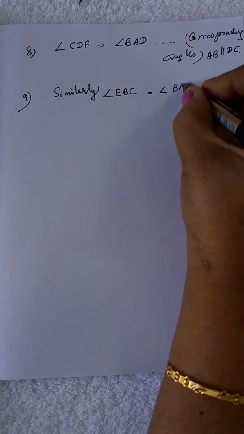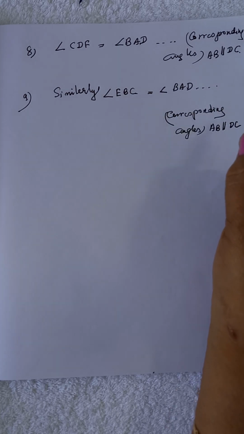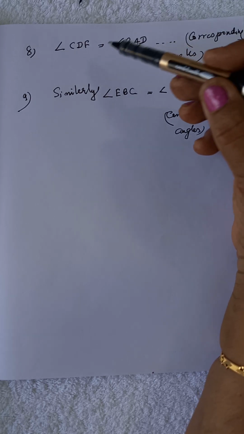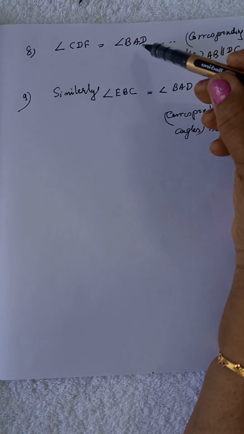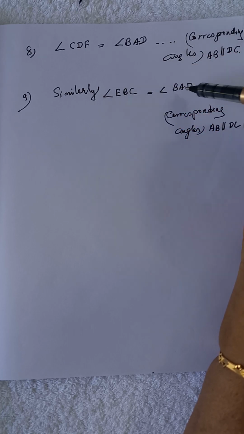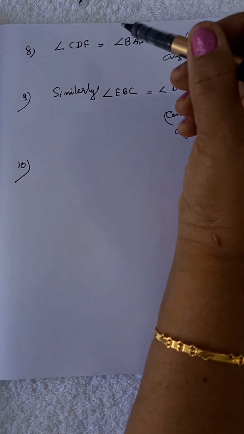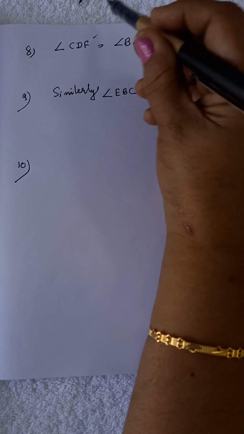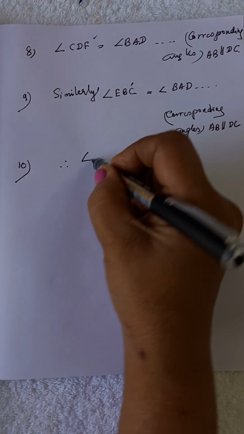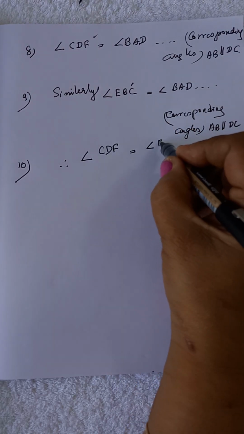What is the reason? Corresponding angles. See points 8 and 9. Here angle CDF is equal to angle BAD, and angle EBC is equal to angle BAD. So we can write the 10th point as angle CDF is equal to angle EBC. Reason is from 8 and 9.